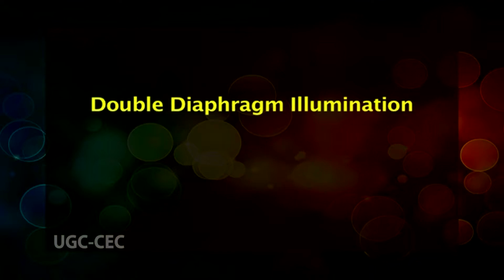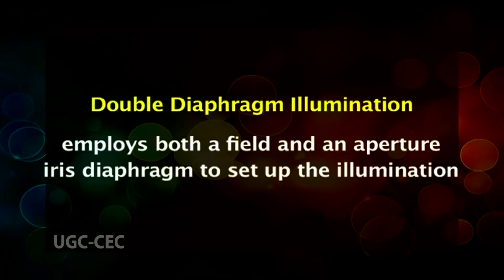It is also known as double diaphragm illumination because it employs both a field and an aperture iris diaphragm to set up the illumination. It simply works by allowing the light rays to pass directly through the eye without being deflected by an intervening opaque plate in the condenser.